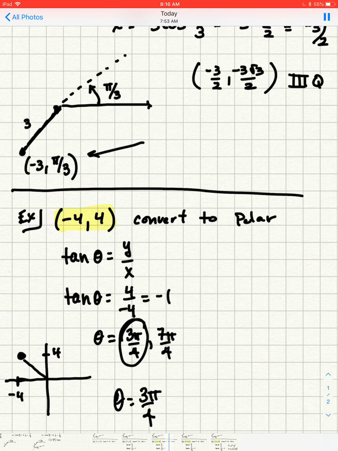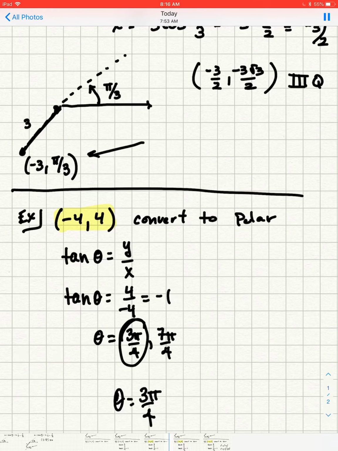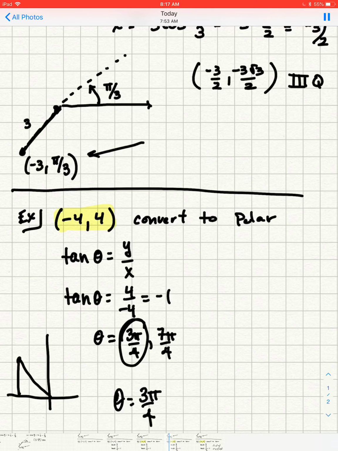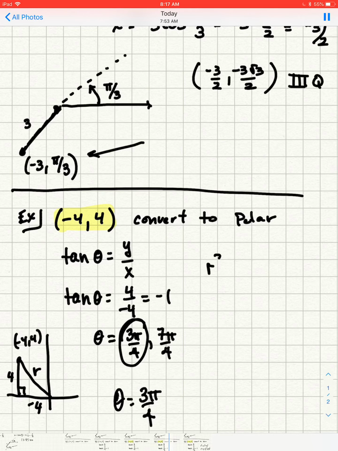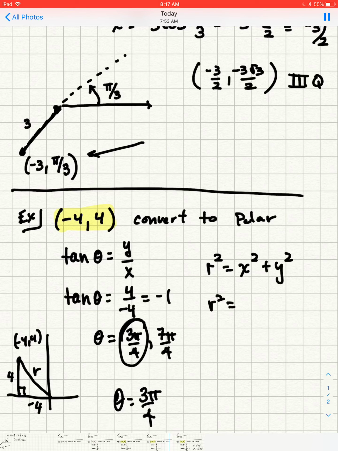Okay, and then how do we find the radius? If you think about this point, negative 4, 4, this would be negative 4, this would be 4, and we are looking for the radius. So you could use r squared equals x squared plus y squared.